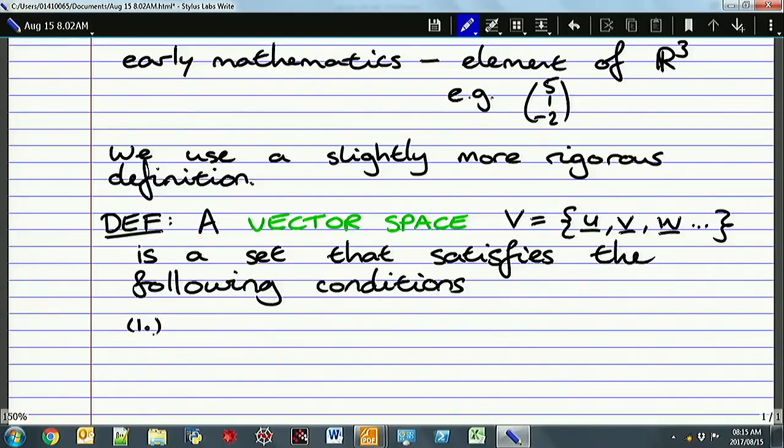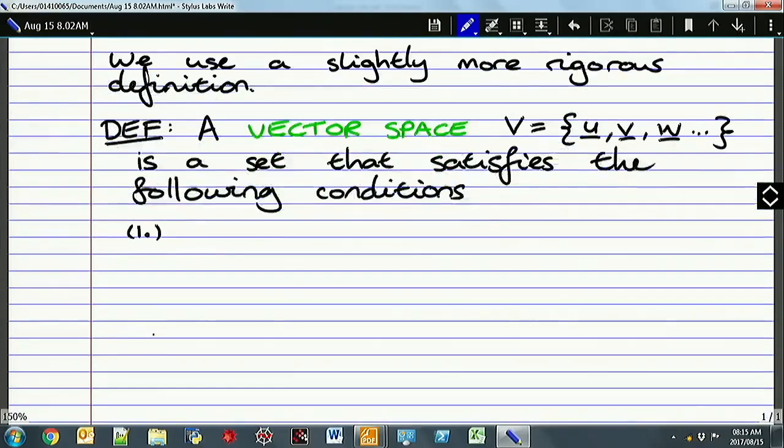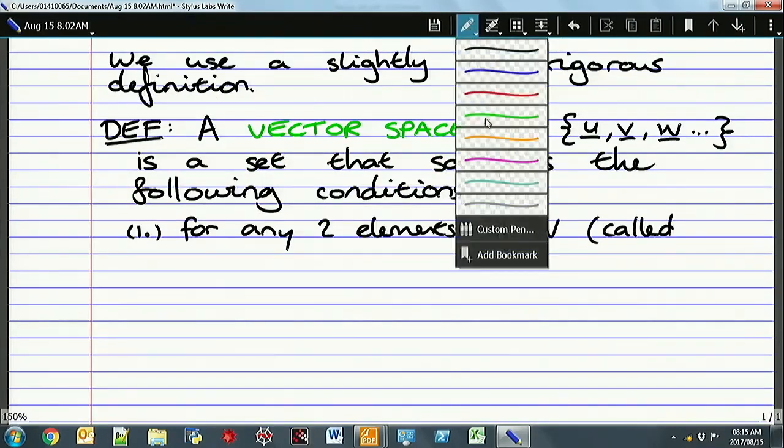So V satisfies the following two conditions. For any two elements of V, we call the elements of V vectors.